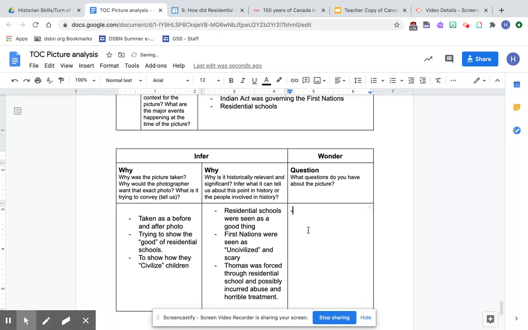And questions that we have about the photo: what happened to Thomas? What was his experience like?